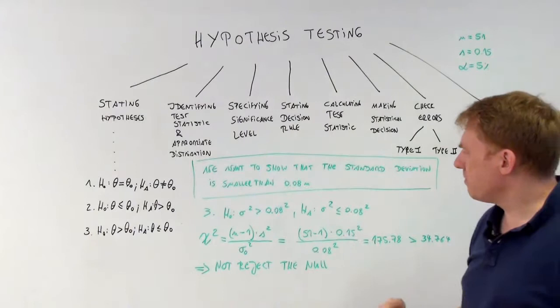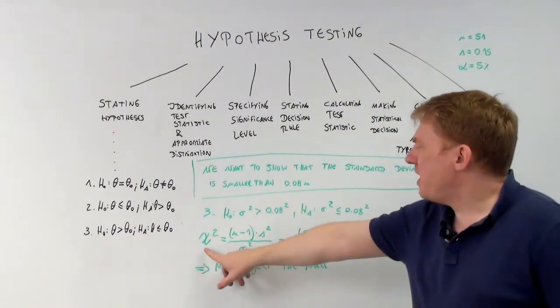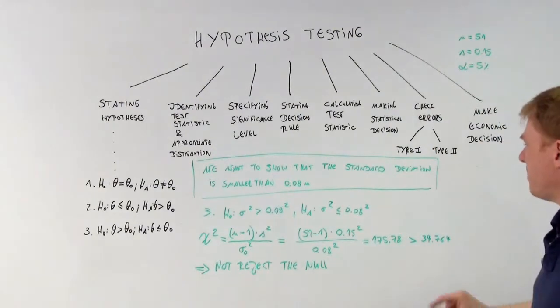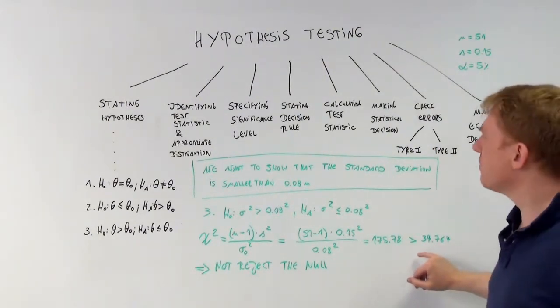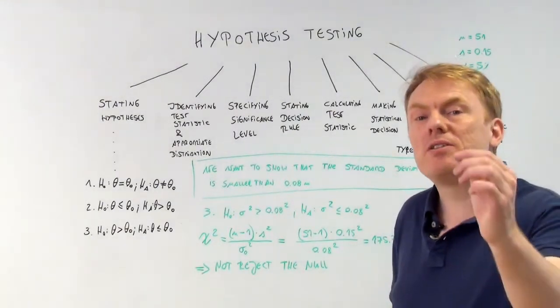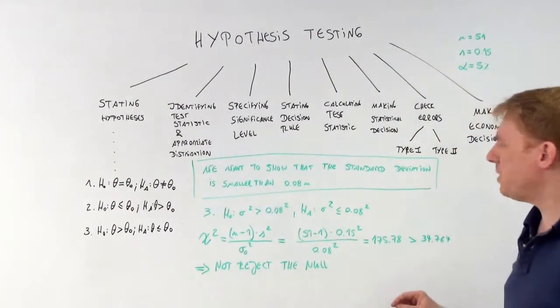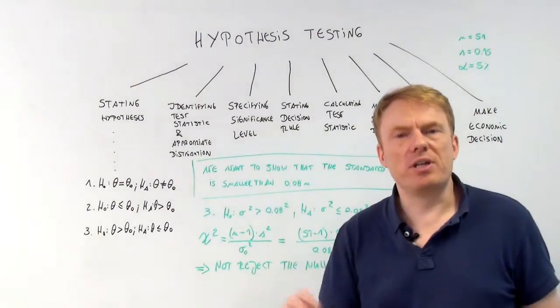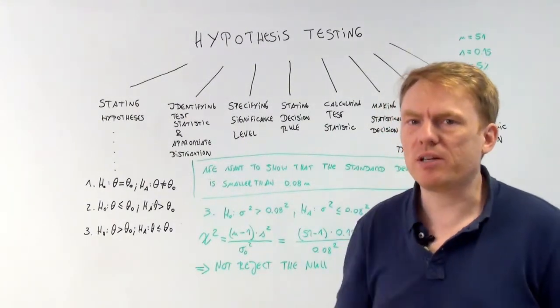The decision rule. Now the decision rule states the following. If the test statistic is inferior to the value that you have to look up in the right table, in the right distribution, you will reject the null. Right? If it is inferior, you reject the null.